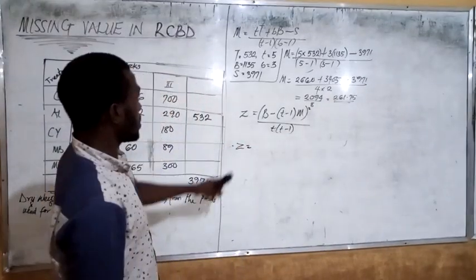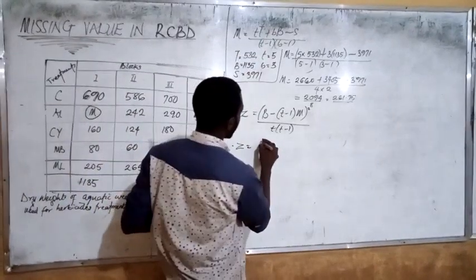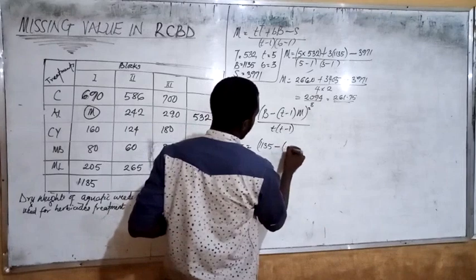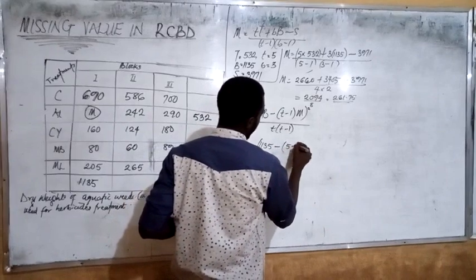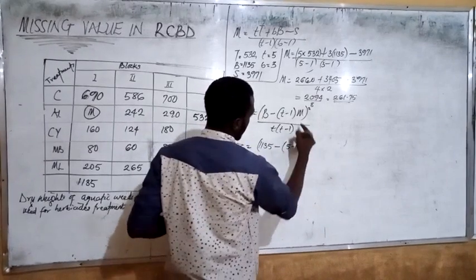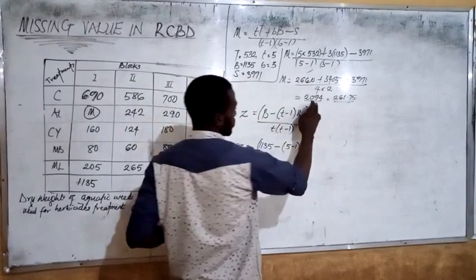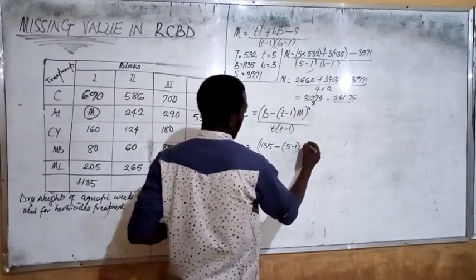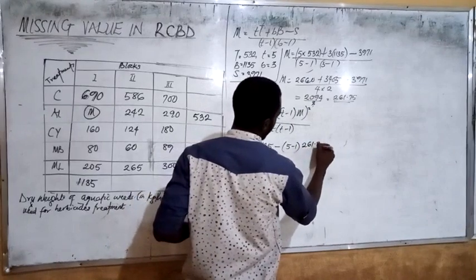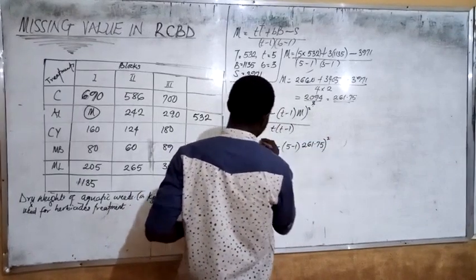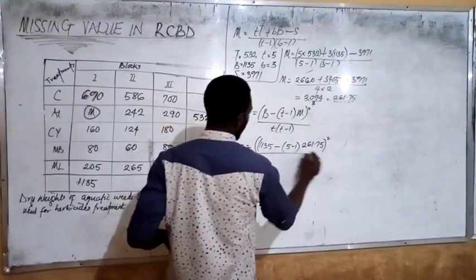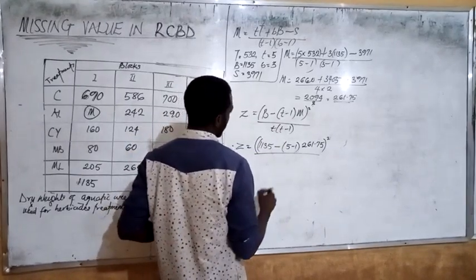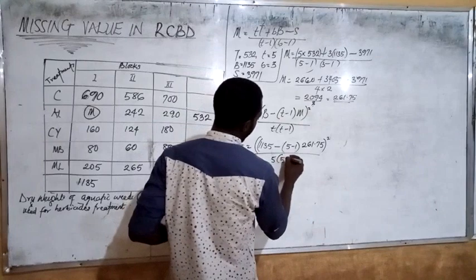So our b is still the b we used there, which will be 1135 minus small t, that is 5 minus 1, close bracket, m, everything squared, m being our estimated missing value, all squared, all over t, which is 5 into bracket 5 minus 1.